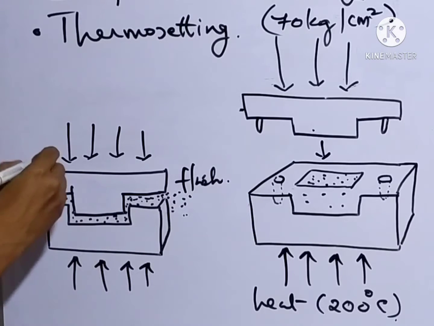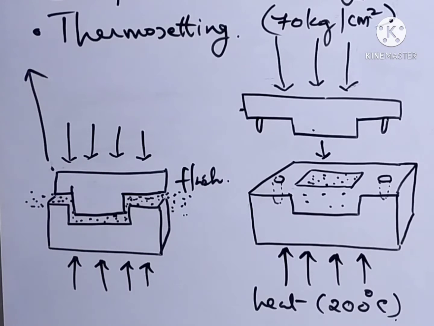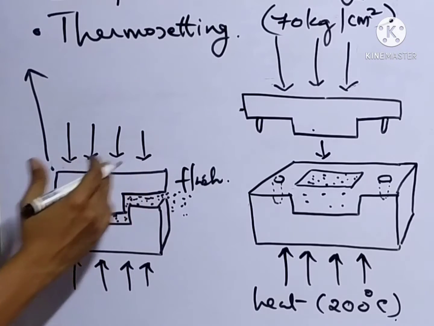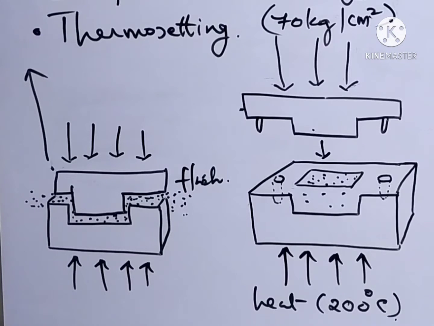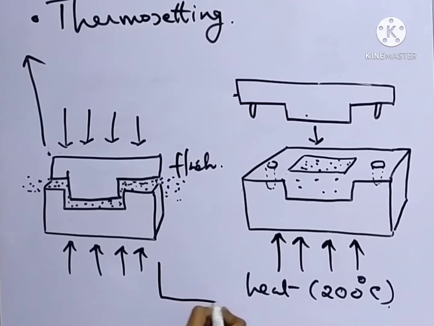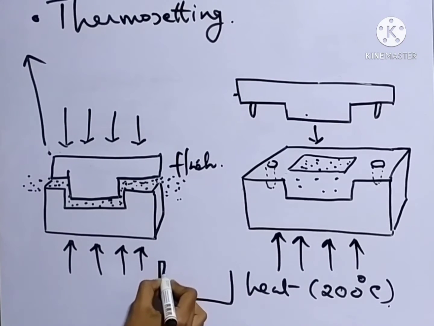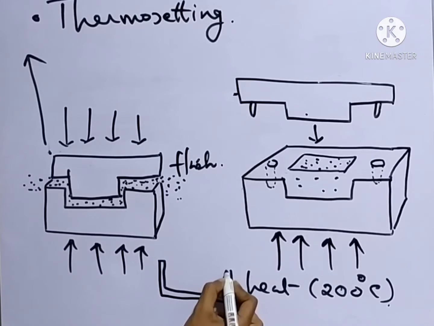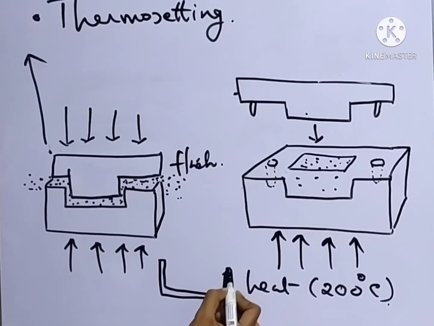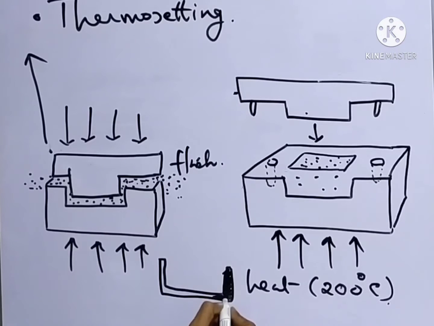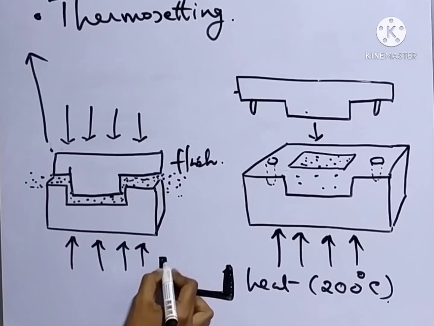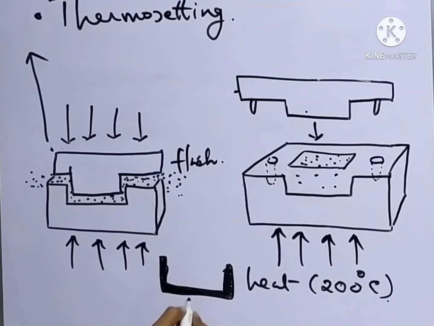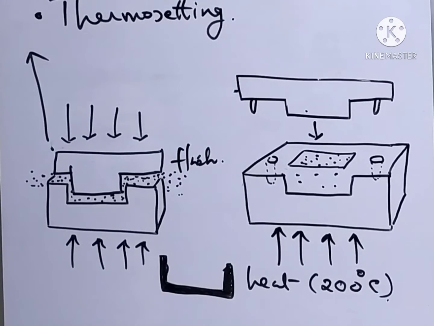After molding, we can remove the upper half and we'll get the molded material which has the shape of the cavity. So finally, we'll get a molded material like this. So this is the compression molding method.